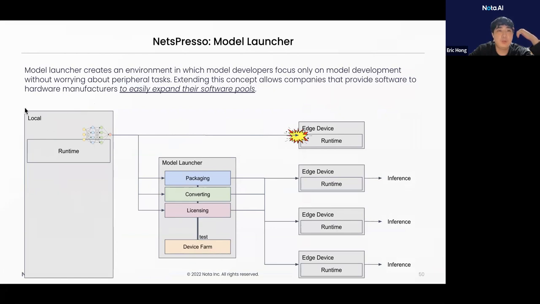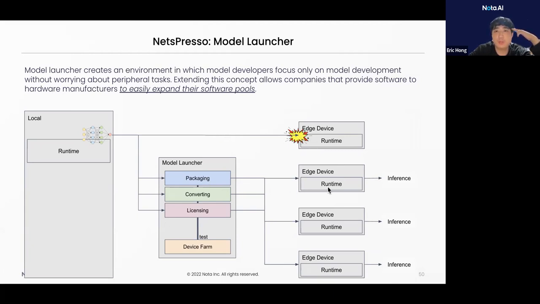And if we use a local server, it's hard for the output AI model to be deployed into an edge device directly. But using the model launcher manages the data flow and the types and specs of edge devices, so that you can skip this kind of crash.